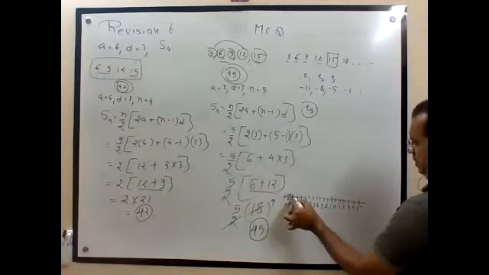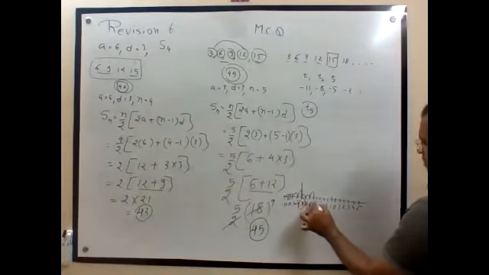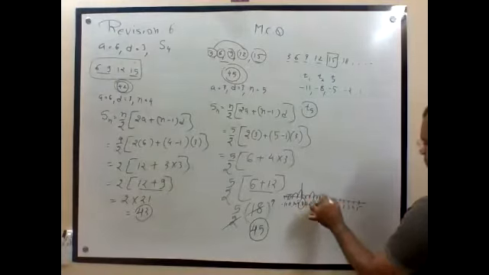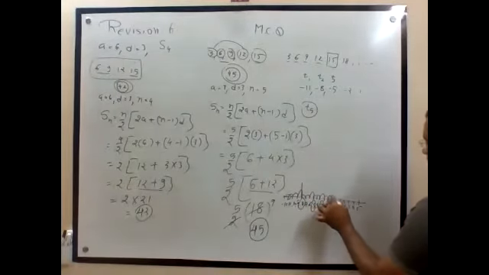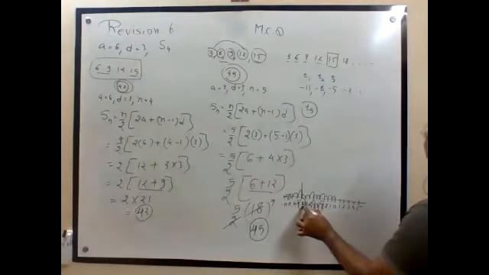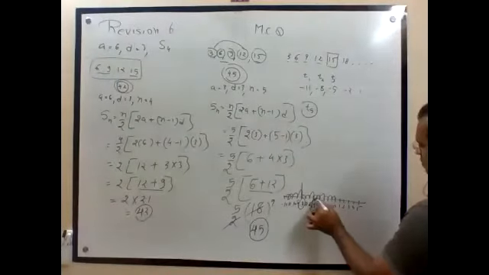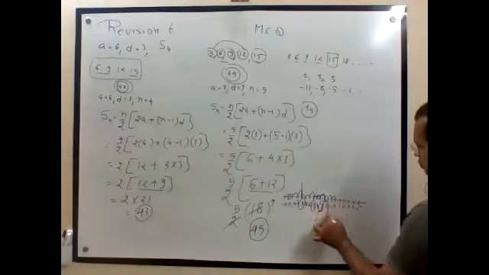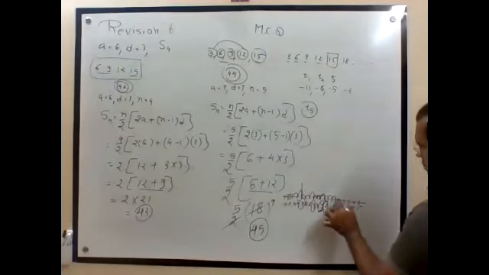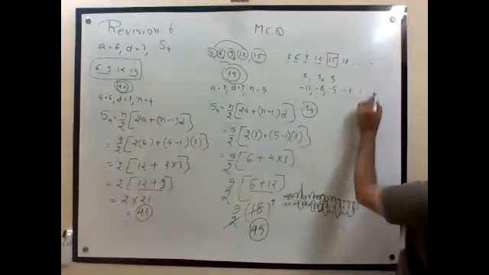The terms go 1, 2, 3, and the difference is 1, 2, 3. This minus 8 to 3. So plus 1, 2, and 3. So 4. Next is 4.